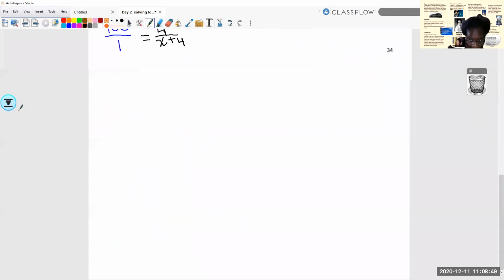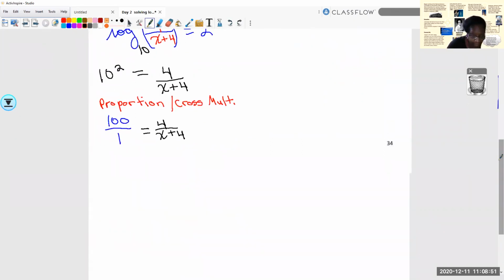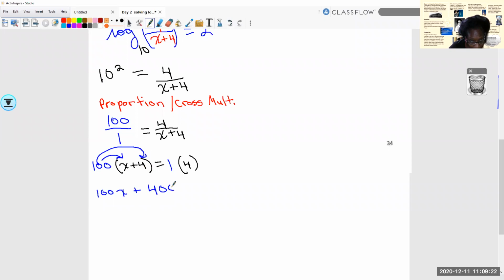Cross multiply, and you get 100 times the denominator across, which is x plus 4, equals 1 times 4. So multiplying this out, distributive property, 100x plus 400 equals 4.